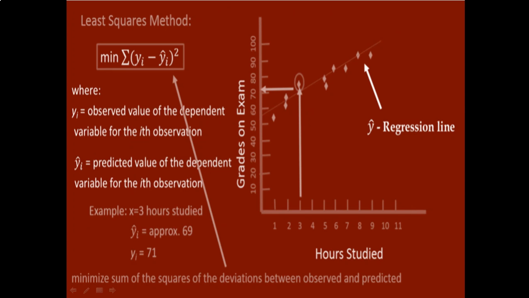Actually means in the table it is the observed value, but y hat we approximate by this line. We find it on this line. We minimize the sum of the squares of deviation between observed and predicted by the least squares method, which has this formula.